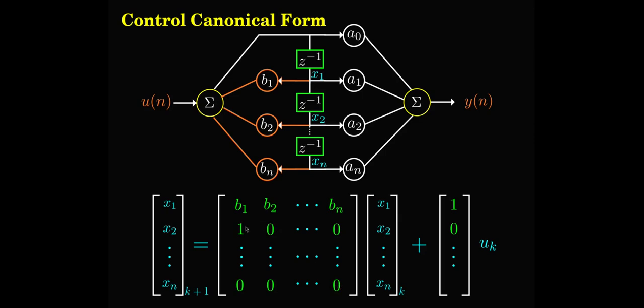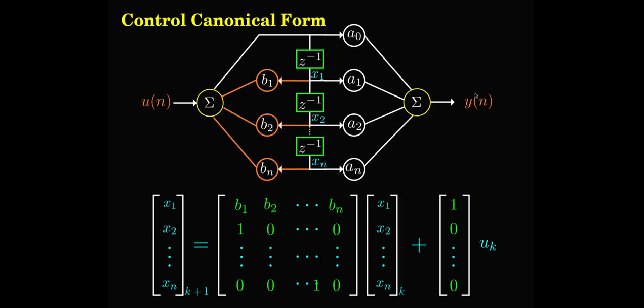Just like here, the xn minus 1th state will be 1. So this will be the state equation for the control canonical form. You see that all the scaling values come in the first row.